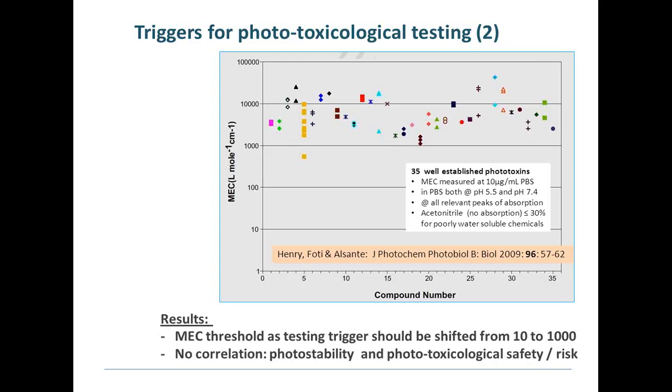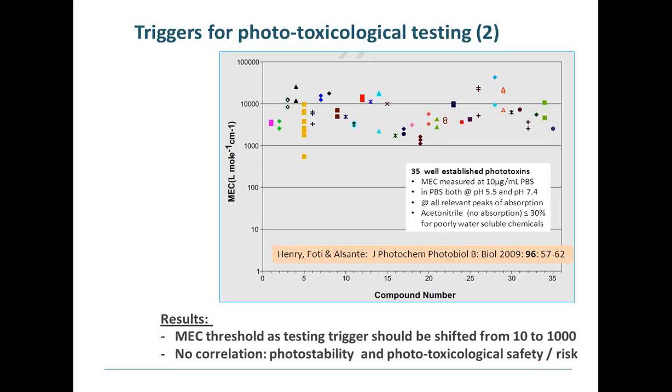What you see on this graph, with several points per chemical, is that except for one point, all the determinations were between 1,000 and 10,000, and none in the area of 10. This one point below 1,000 is one peak of anthracene, determined at 290 nanometers.